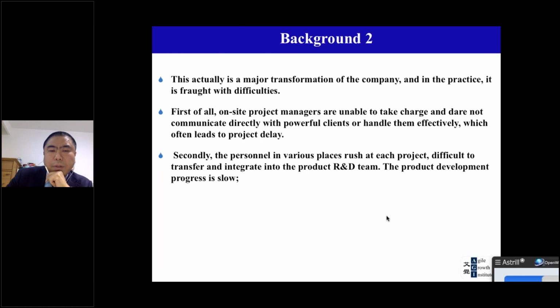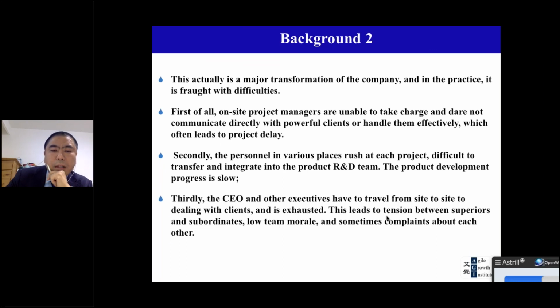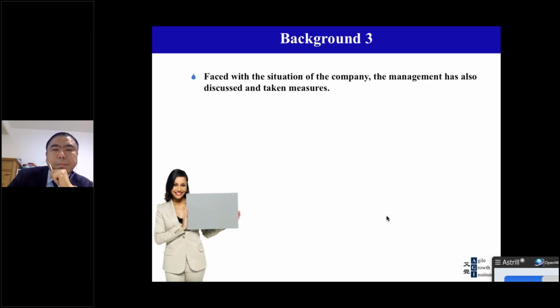The product development progress is slow. Thirdly, the CEO and other executives have to travel from site to site to deal with clients and are exhausted. This leads to tension between superiors and subordinates, low team morale, and sometimes complaints about each other.